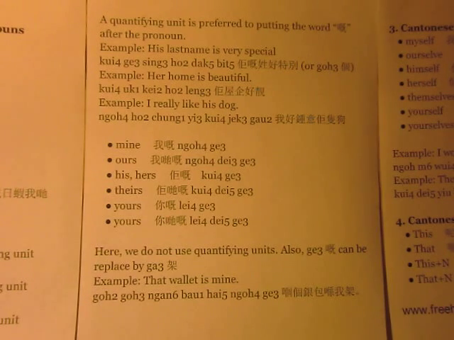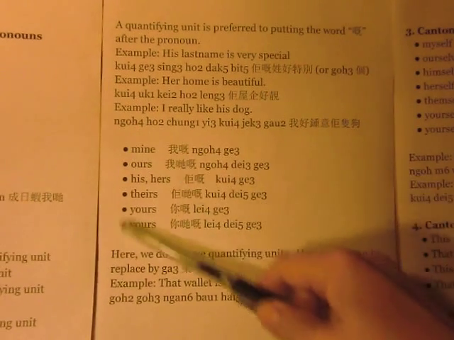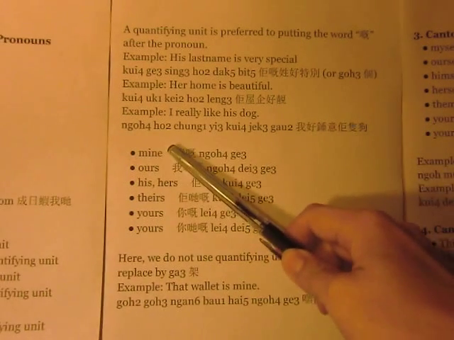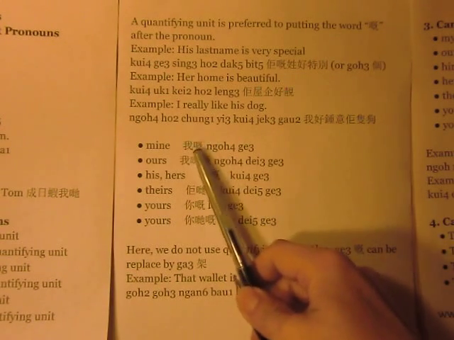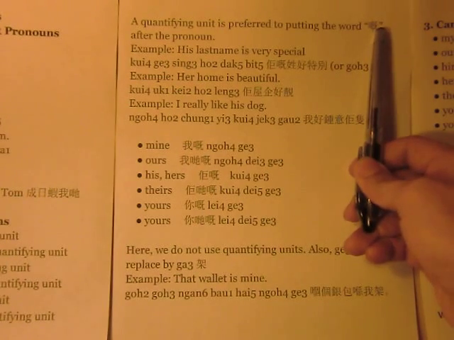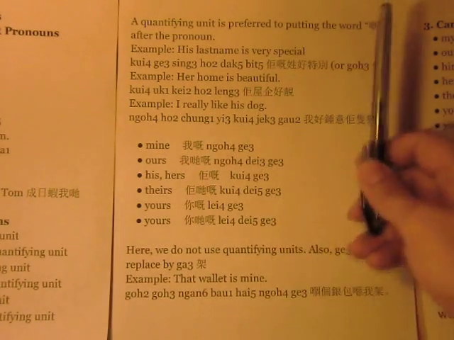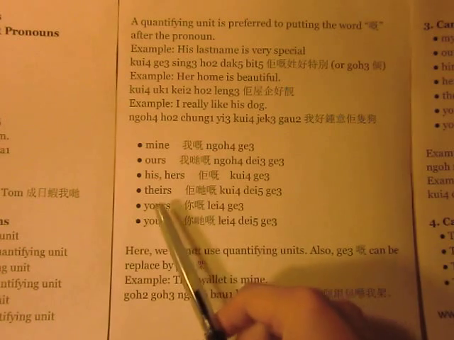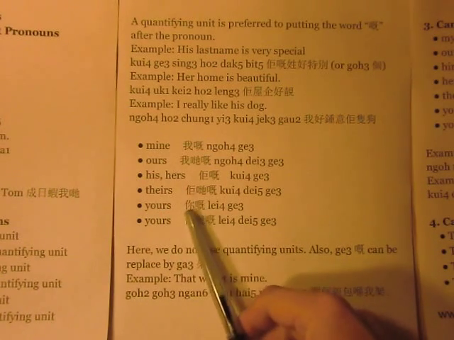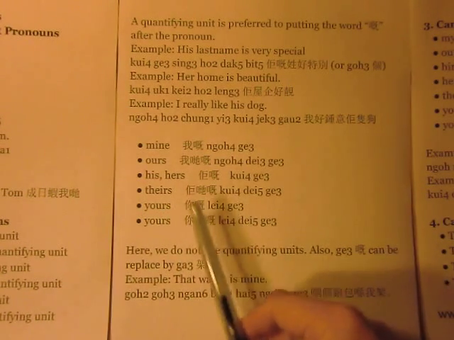And then the other type of possessive pronouns: mine, ours, his, theirs, yours, and so on. In this case, we do not use quantifying units. Instead, we should use ge. Always use ge. 佢嘅 is like Tom's. 你嘅, yours. If it's Tom's, then we still say Tom 嘅.